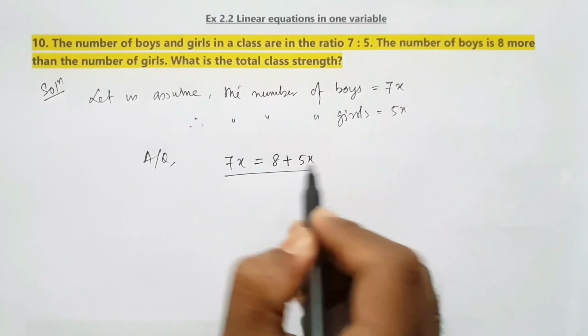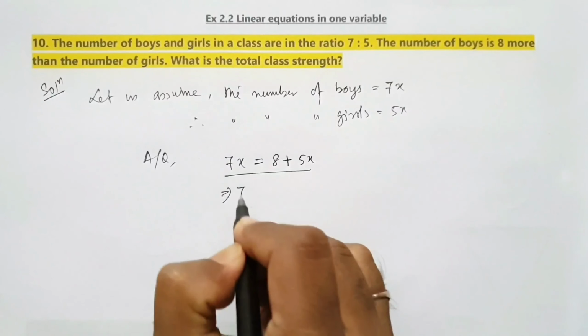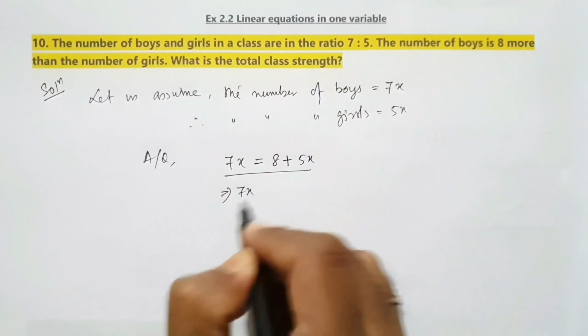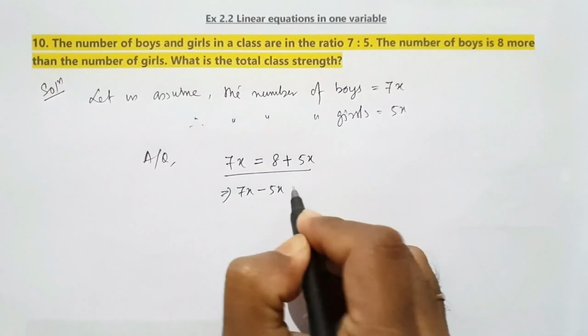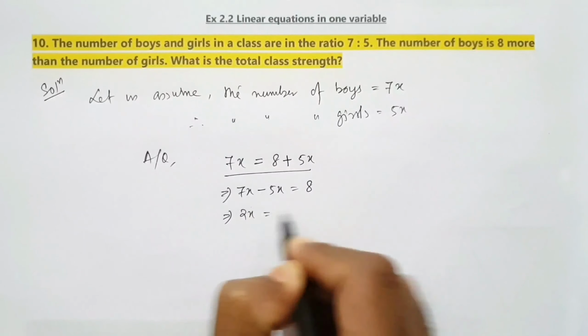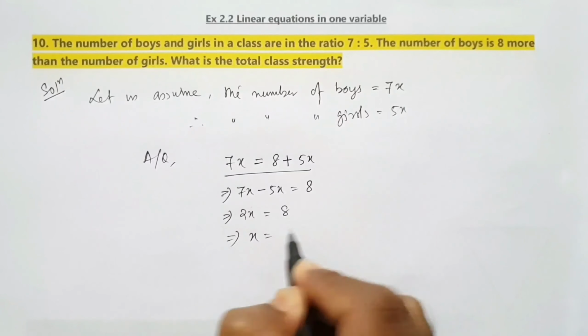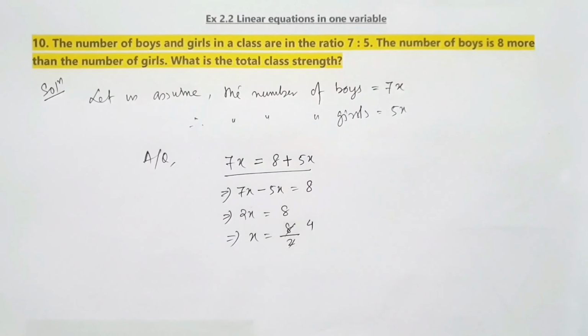Once we form this equation, we can find the solution very easily. So 7x, here 5x is a variable, we'll keep it on the left side, is equal to 8. So we get 7x minus 5x is 2x is equal to 8. So the value of x comes 8 divided by 2, which is nothing but 4.